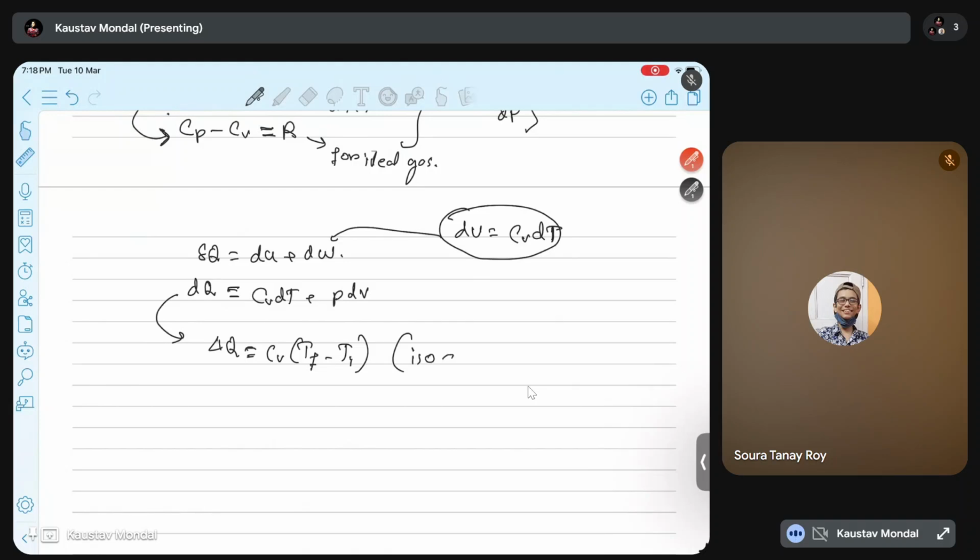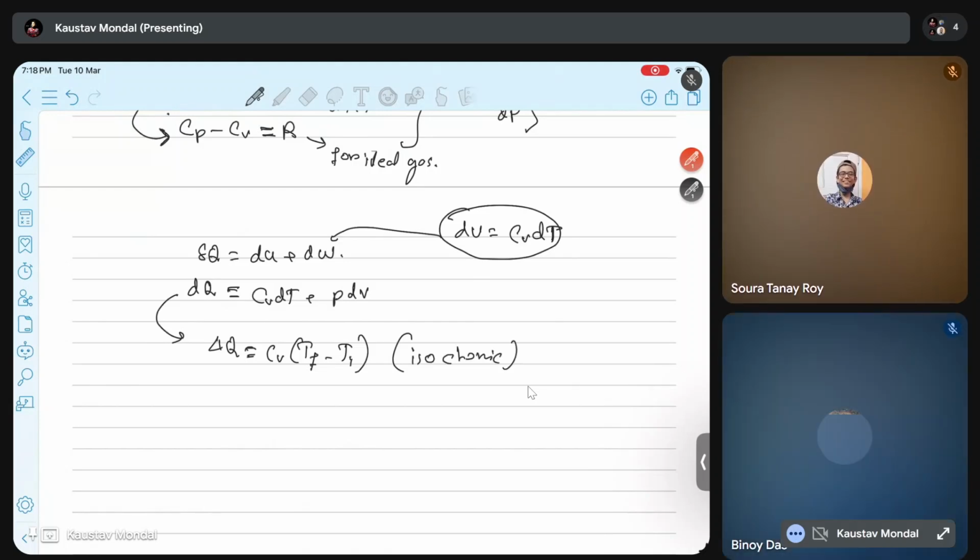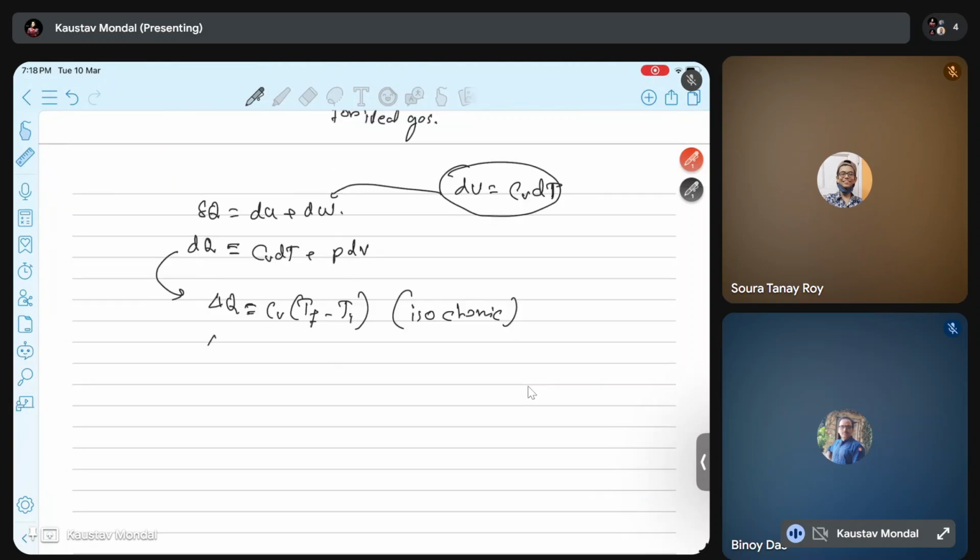For the isobaric process, delta Q depends on CV (TF minus TI) plus P times (VF minus VI).